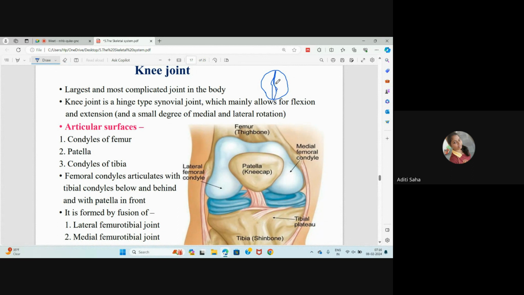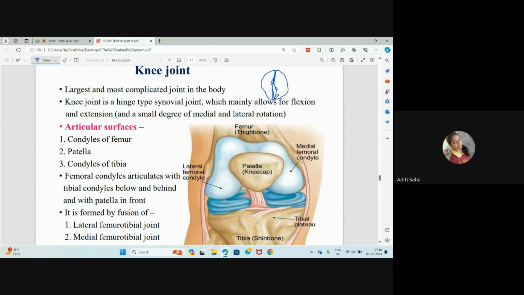I'm facing difficulty drawing here. So just assume this is a straight line in the middle of the body, dividing the body equally into left and right. This is known as the midline of the body. Medial and lateral are terminology based on this midline.